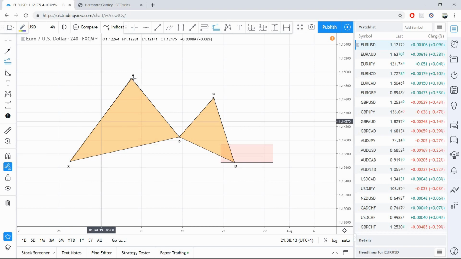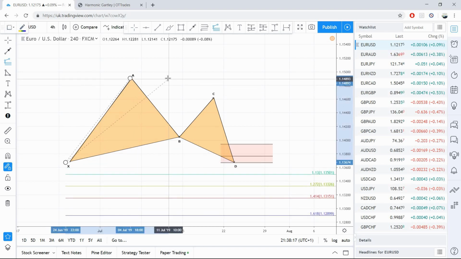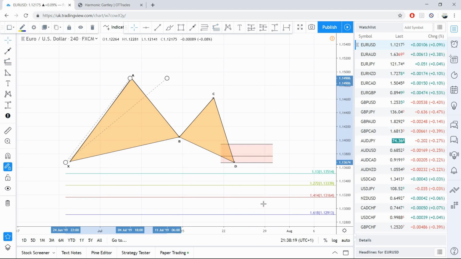So let's just put them in quickly. Stop loss level at the 113 of X to A. So stop loss is going to go here.